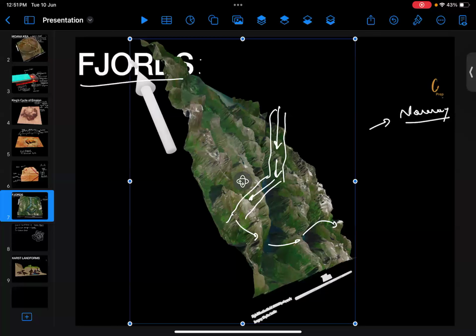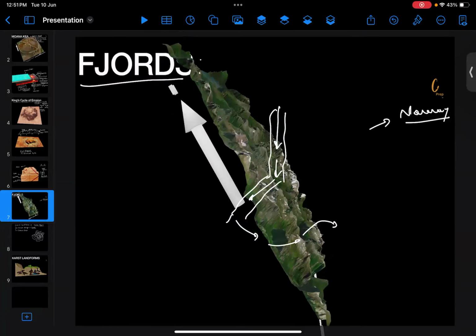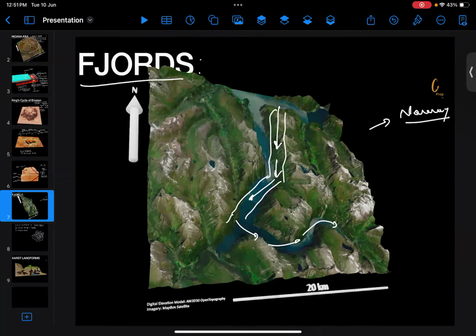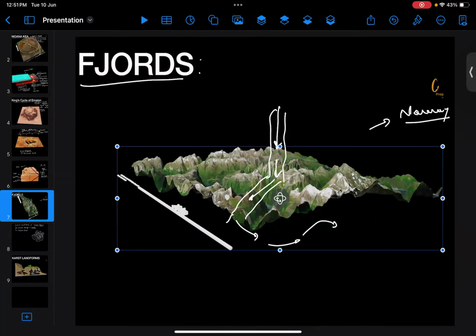In the Norway region we will be seeing the formation of fjords, taking place since the Pleistocene Ice Age and before that.